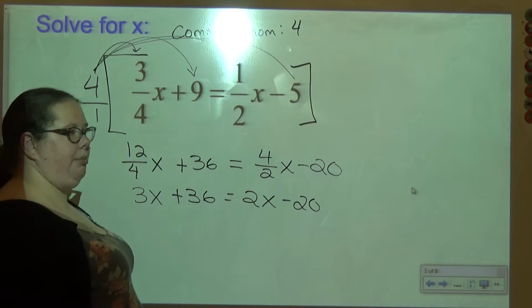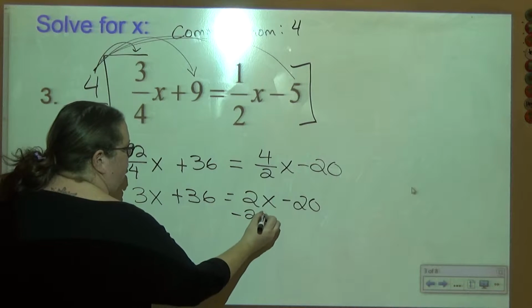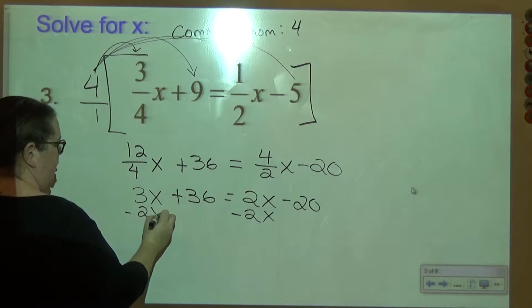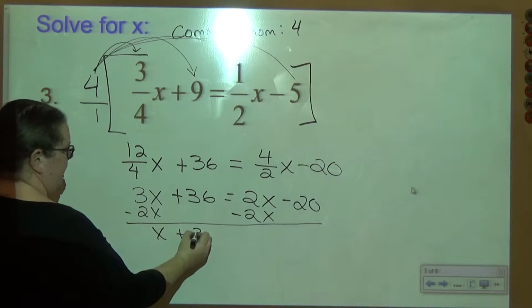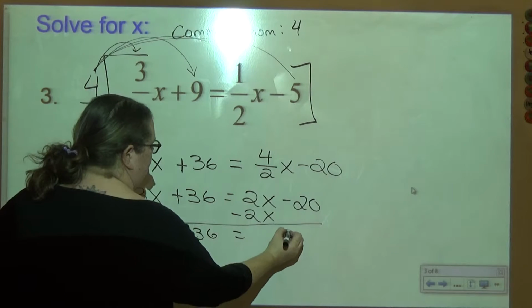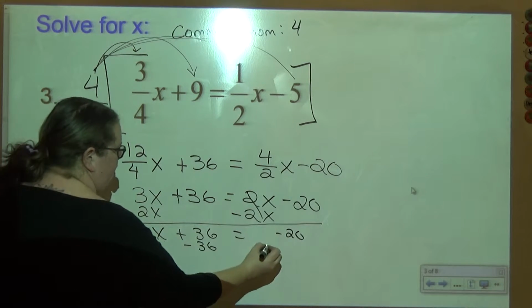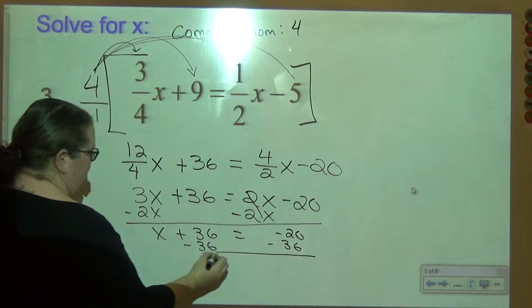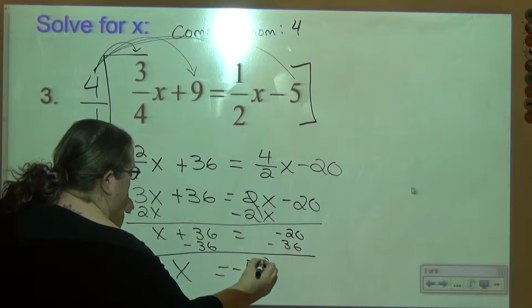It's just a 3-step equation. Get all my x's together, move my smaller x, x plus 36 equals negative 20, minus my 36, and x equals negative 56.